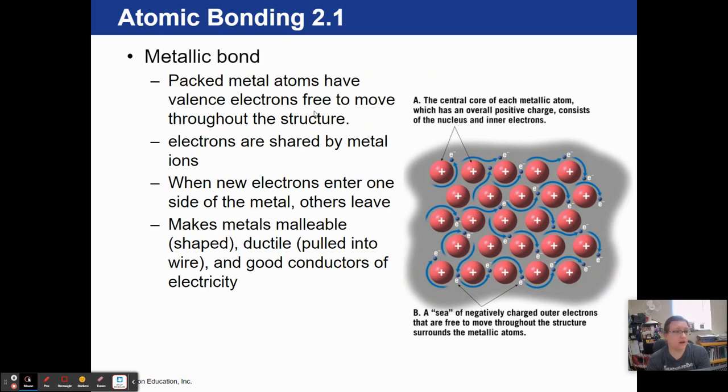Metallic bonds are packed metal atoms that have valence electrons that are free to move throughout the structure. So they're not going to another one. They're not taking one from someone else or giving one up to someone else. They're also not just sharing between these two. The electrons are able to just flow through in this kind of sea of electrons, free to move throughout the structure.